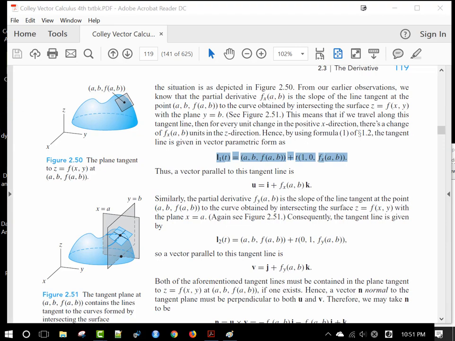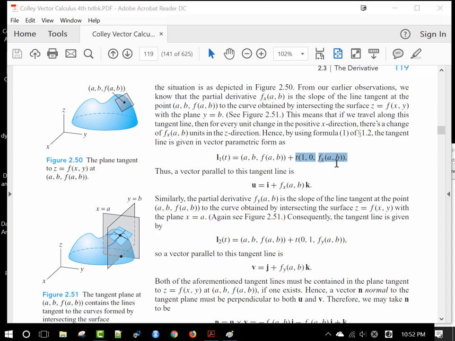Now, if we just want something which is parallel to this tangent line, then we just want this vector here, without the t there. That vector has no j component. It had 1 unit in the i direction, 0 units in the j direction, and this much in the k direction.